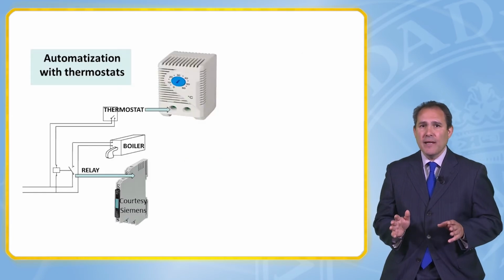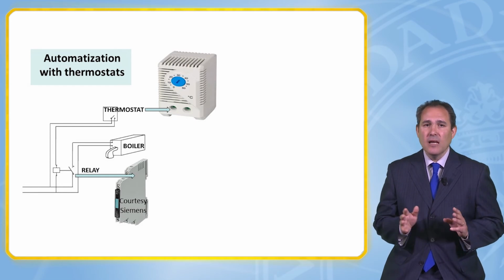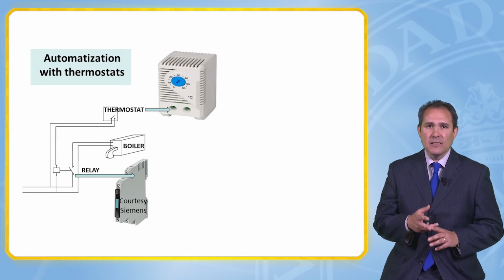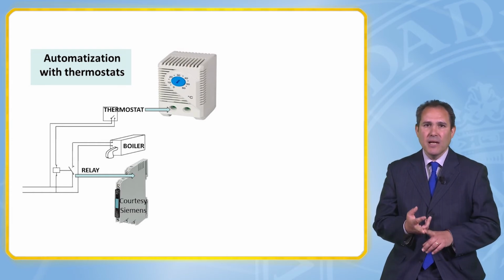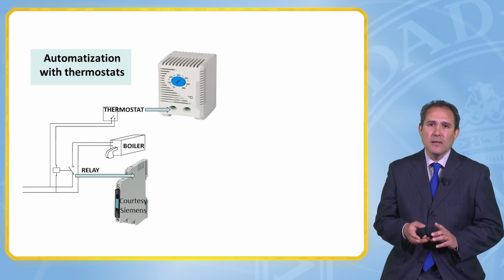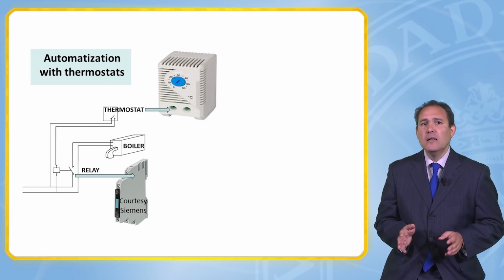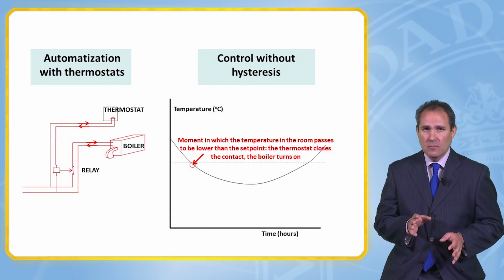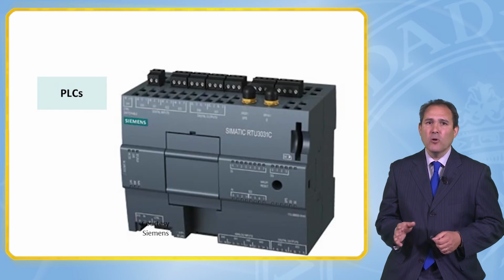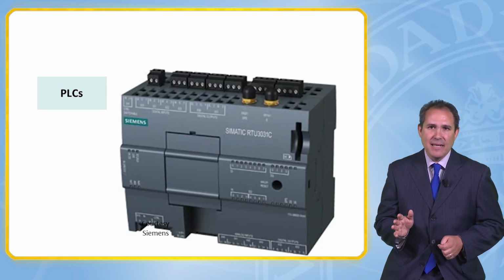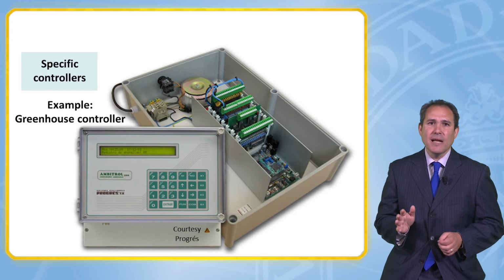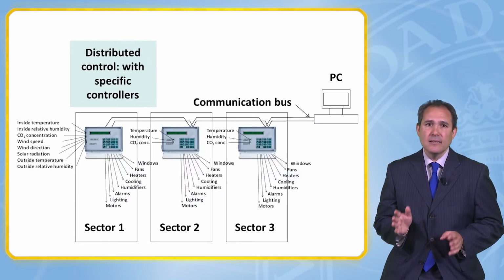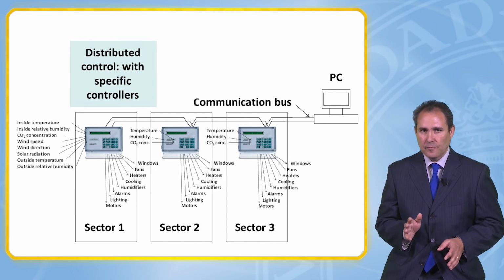In the automation of any industrial facility, the following types of automation can be used. First, time switches or similar programmers by schedule, or thermostats and hygrostats, or programmable logic controllers, PLCs, or similar specific controllers, or finally, distributed control.